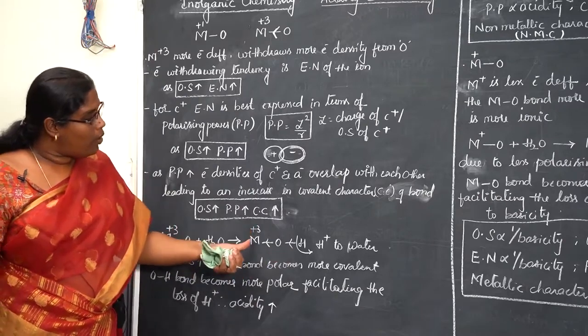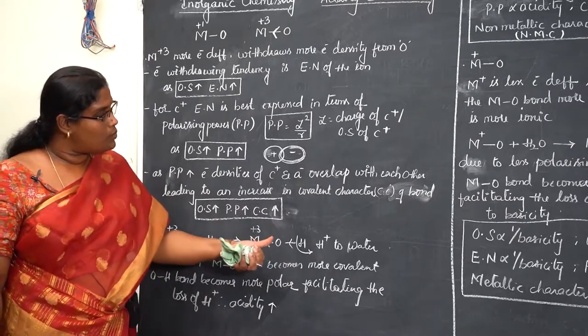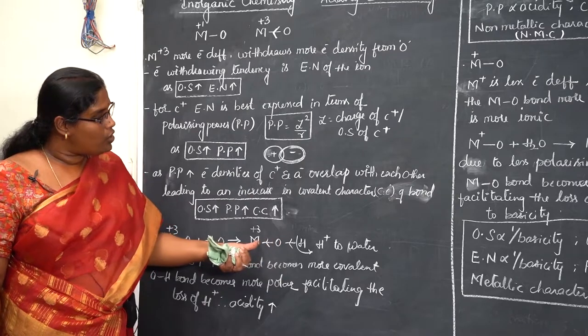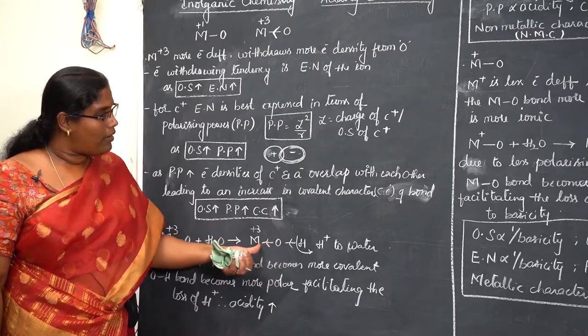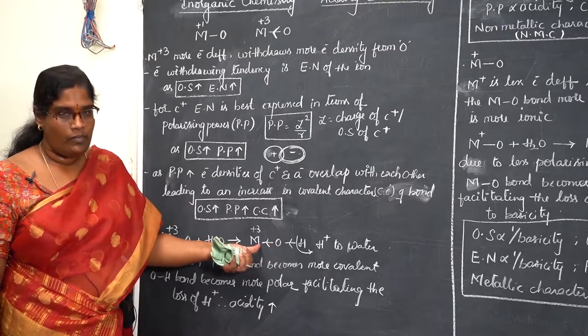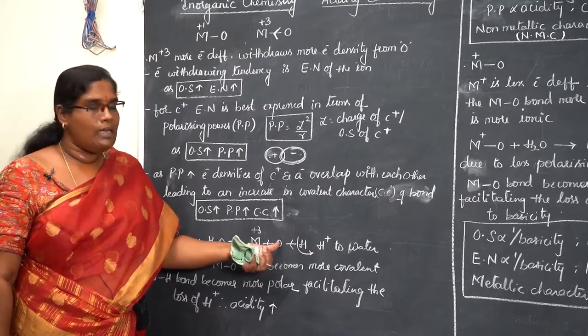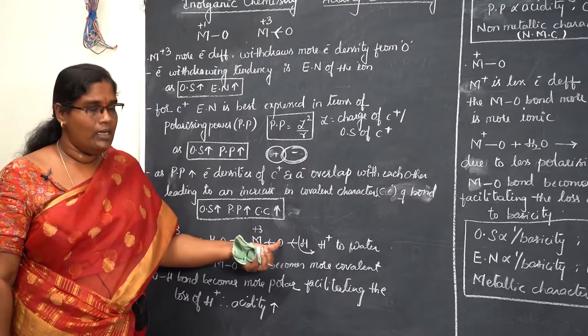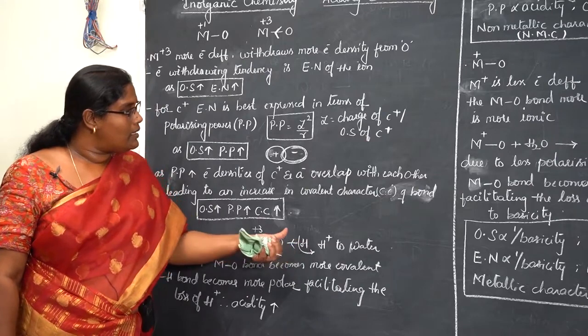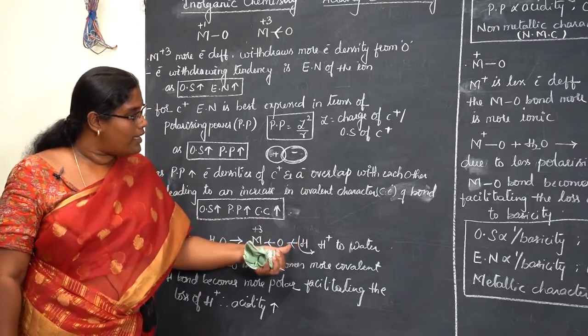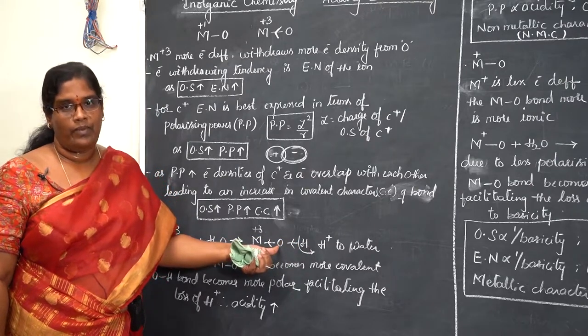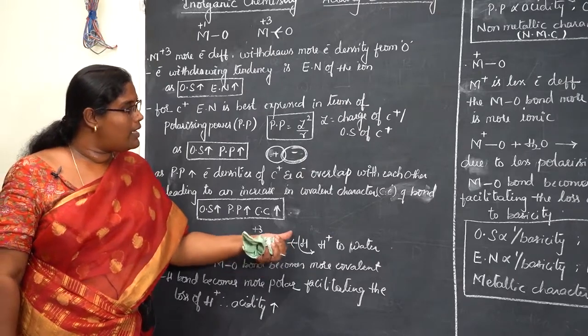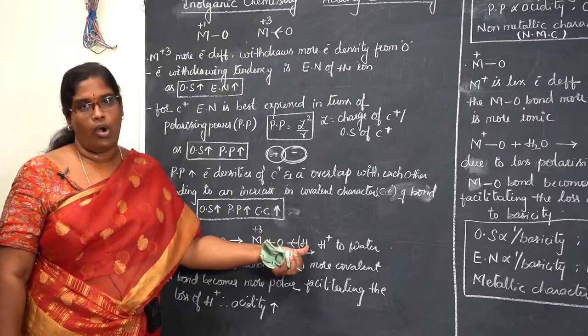When the polarizing power of the cation is more, the electron density of oxygen is more polarized towards the cation. As a result, oxygen becomes electron deficient, and it will polarize the electron density of the OH bond towards itself, leading to the increase in polarity of the OH bond.